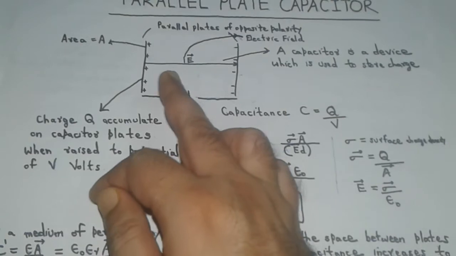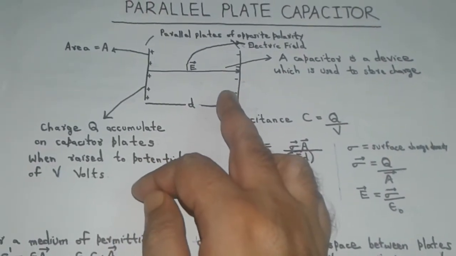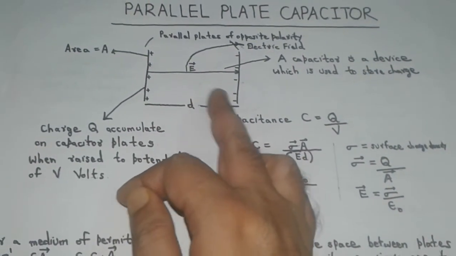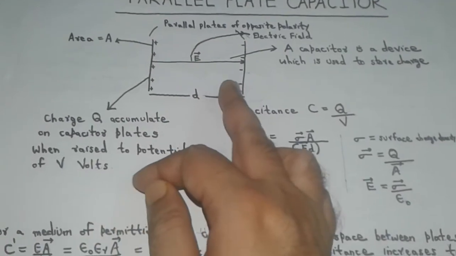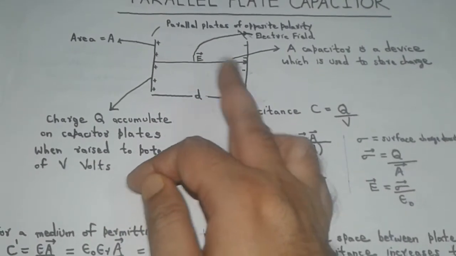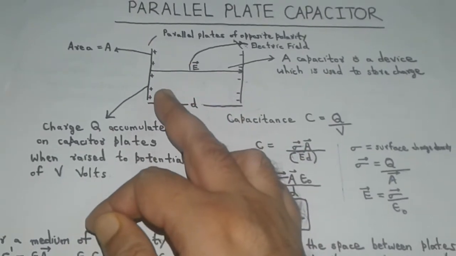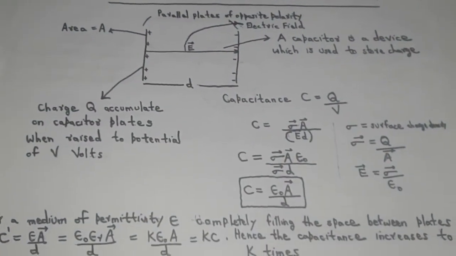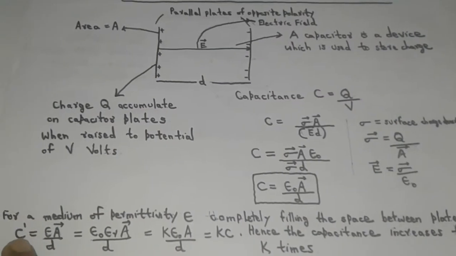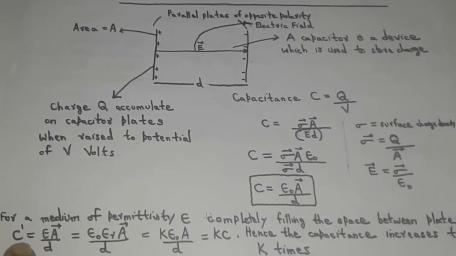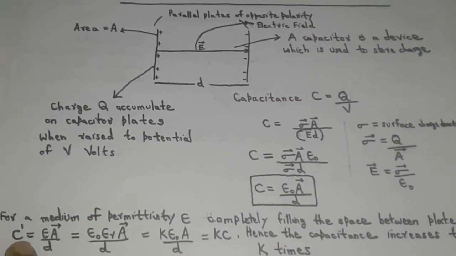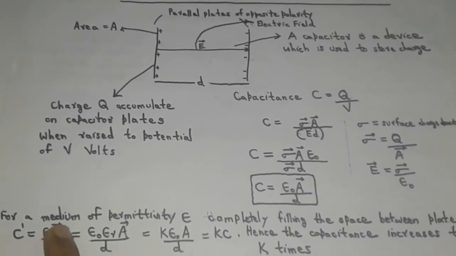If the space between the plates of a parallel plate capacitor is completely filled with a dielectric medium of permittivity epsilon, then the capacitance of the parallel plate capacitor can be written as C dash equal to epsilon A upon d.